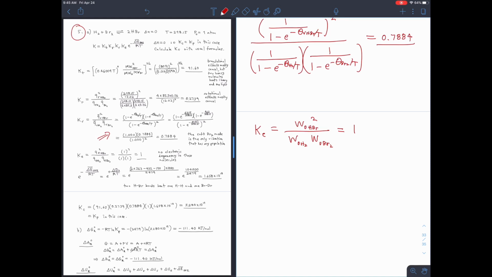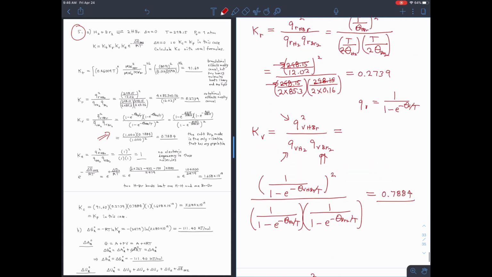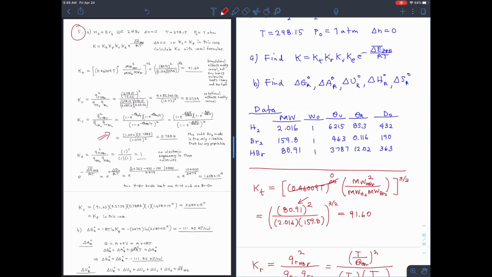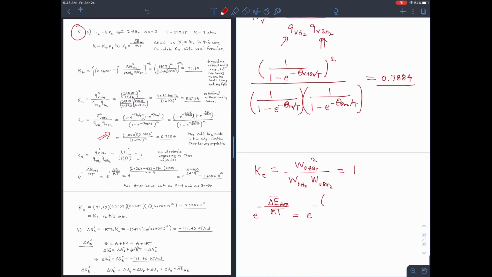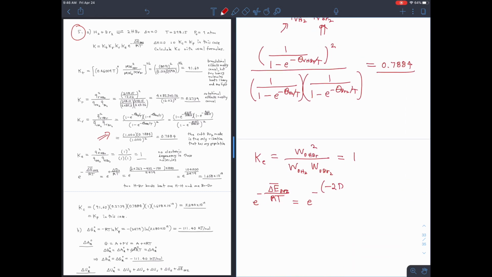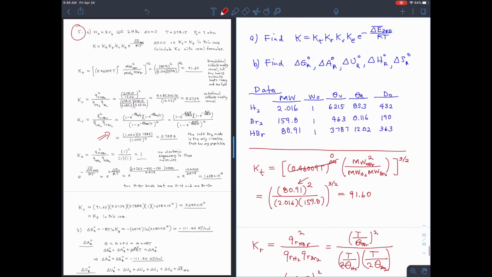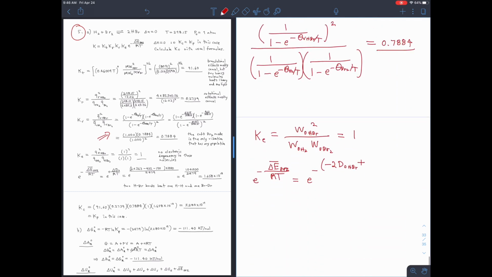The last thing we need to compute is the ZPE factor, or the bond energy factor, and that is equal to e to the minus, looking up at the table here again, 2 times the D0 for HBr, well, minus 2 times the D0 for HBr, plus the D0 for H2, plus the D0 for Br2 over RT.